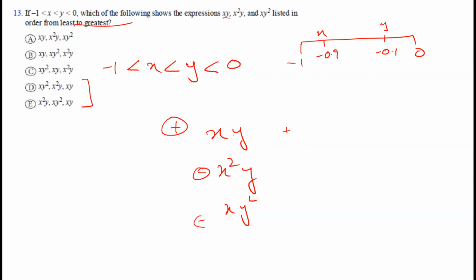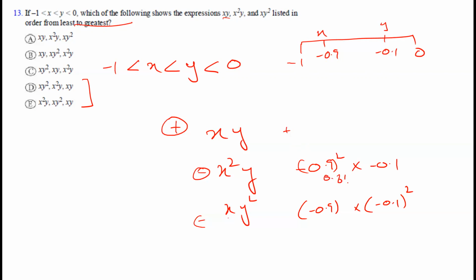So xy is positive. Now over here, this would be minus 0.9 square into minus 0.1, and this would be minus 0.9 into minus 0.1 square. So minus 0.9 square would be 0.81.